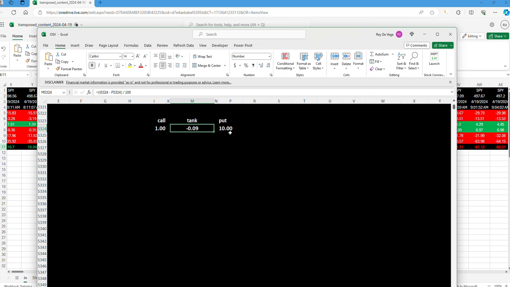So put's getting stronger. Then if calls fight back, they'll say, okay, boom, like that. It evens out. Now tank looks neutral. Then if you have 15, boom, tank just became stronger than puts. Call just became stronger than puts because it's above zero.